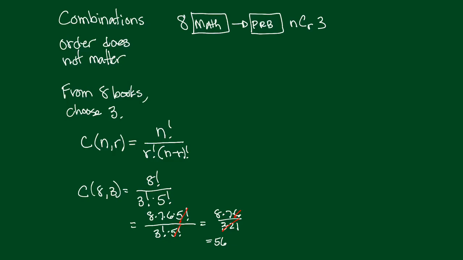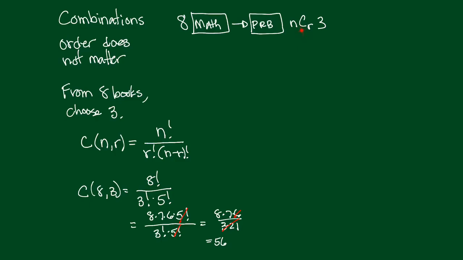If you've got a TI, you can type it in like this. Type in the 8, press the math key over there in the left column, about the 3rd or 4th key down, arrow over to PRB, the rightmost menu item, and then look down for number 3. This is item number 3, nCr: n choose r. So either scroll down to number 3 and press enter, or just type in the numerical key 3.